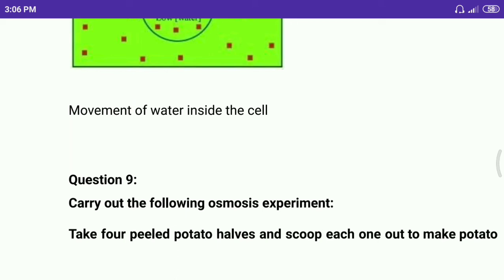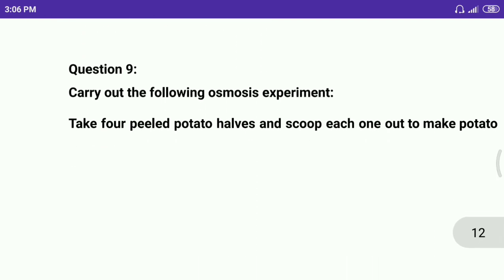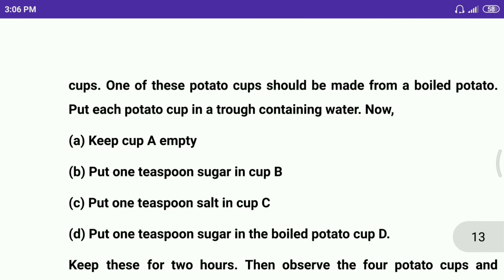Question 9. Carry out the following osmosis experiment. Take 4 peeled potatoes, and scoop each one out to make a potato cup. One of these potato cups should be made from a boiled potato. Put each potato cup in a container of water.